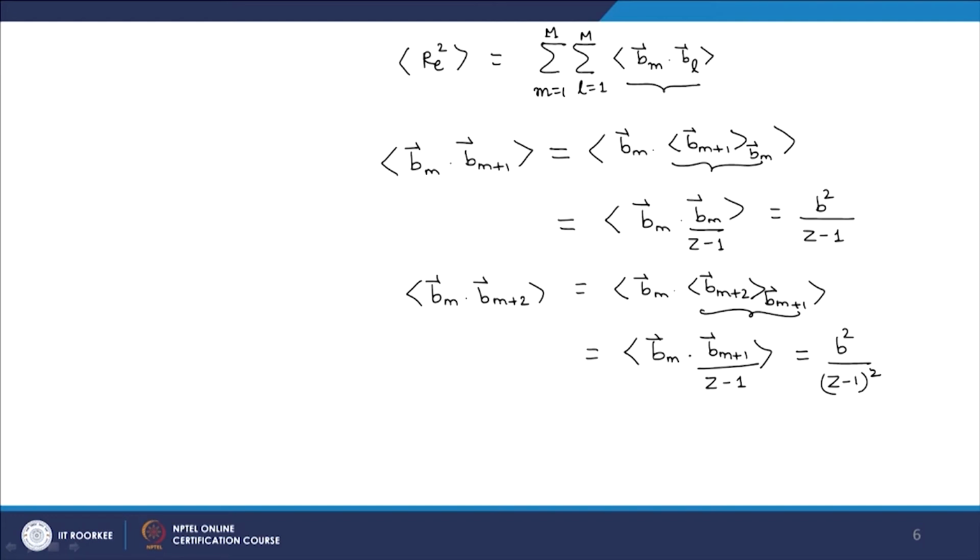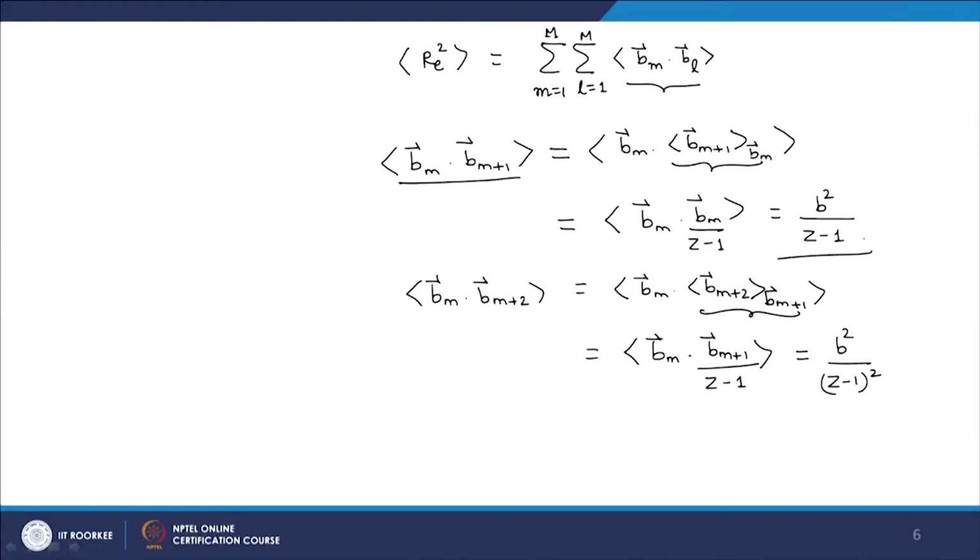So, now you see that we see some kind of correlation between the bond vectors or segment vectors. So, it is no longer 0 for the cases except m equal to L. Now, it is non-zero for the other cases. But what we see here, if Z is higher than 2, that is anyway the case, then in that case this correlation is decreasing as the distance along the chain is increasing.